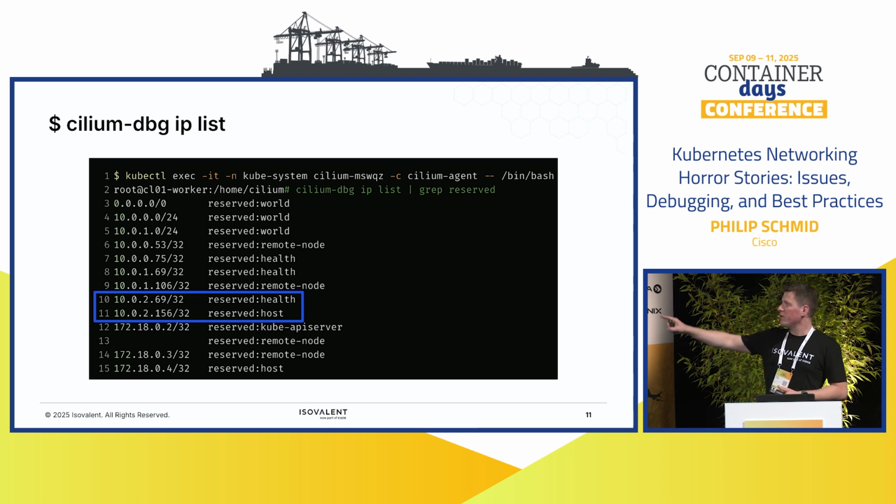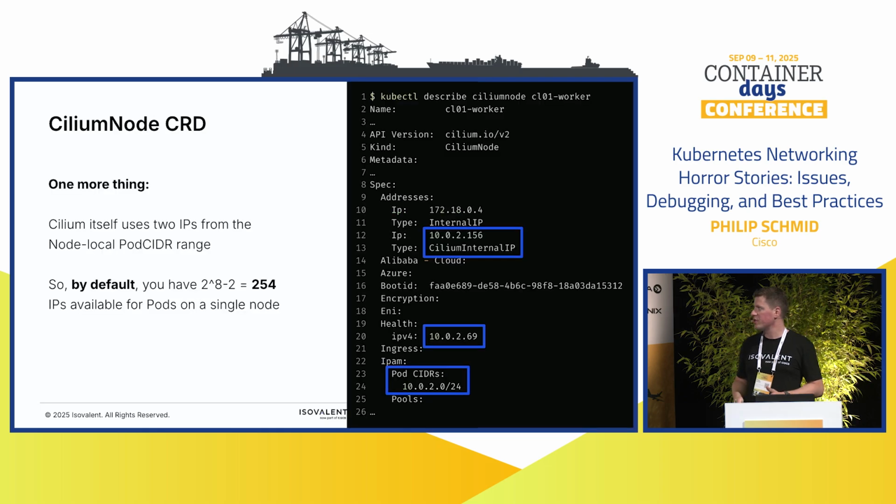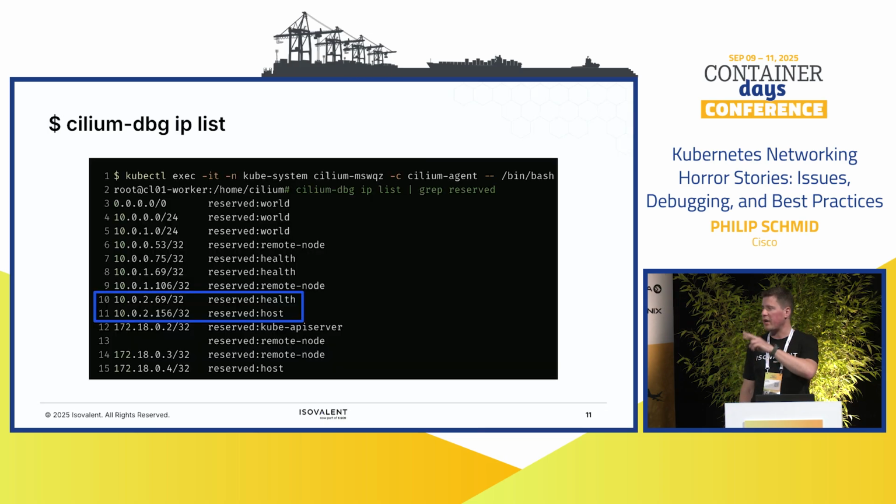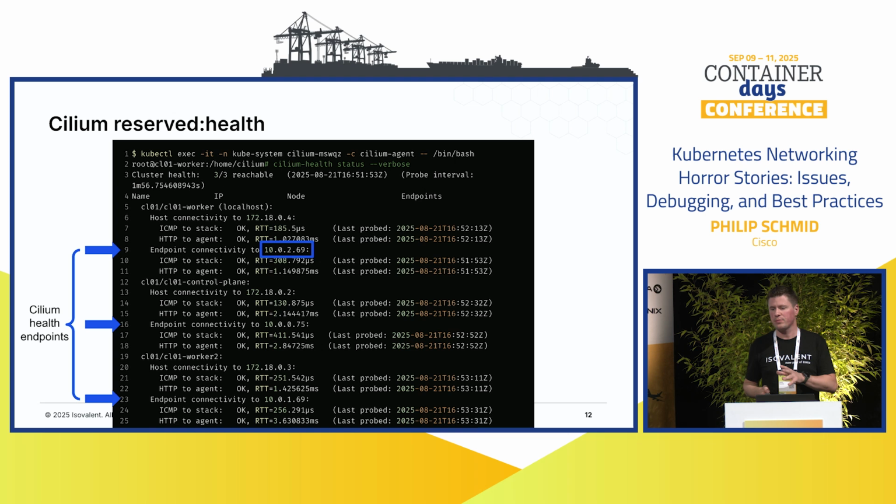There we beautifully see on lines 10 and 11 those 2 IPs that we've just seen before on lines 20 and 13. So those IPs are used for those 2 special purposes, and basically you can't use them for other pods because they're quite crucial to how Cilium functions.